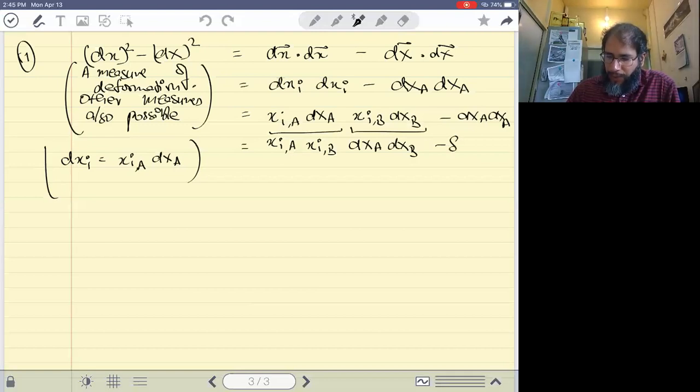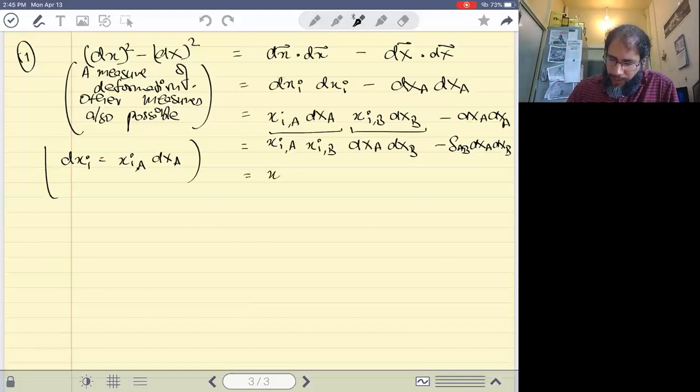So I can write this as delta AB dXa dXb. So now you see that we are making full use of Kronecker delta here. Earlier we had understood how to use it by using the substitution property and simplifying things. Now we are going in the other direction. We are writing dXa dXa as delta AB dXa dXb. So that's the next step in learning we are using, to develop a form which is more convenient for us in this case.